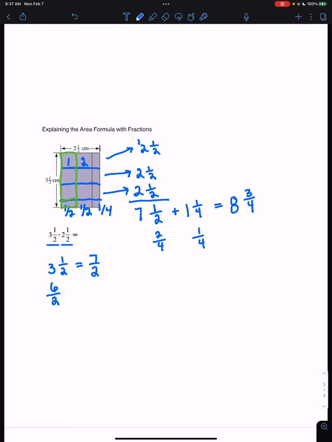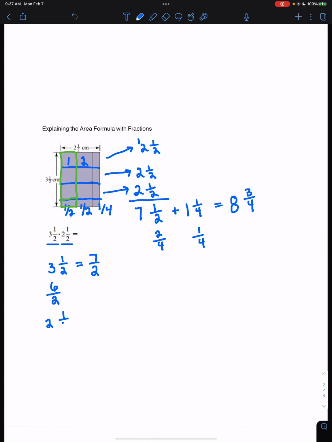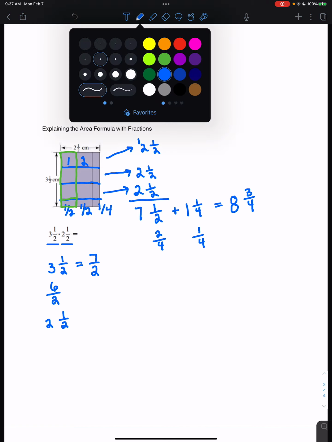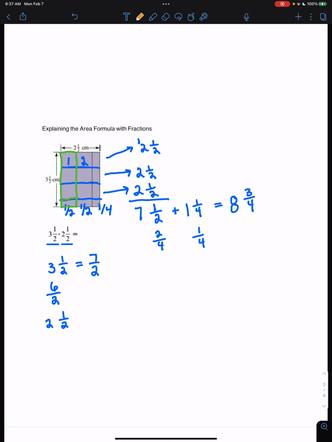And then we're going to do the same thing with 2 and 1/2. So how many halves are in 2? Well, again, we could look at it this way and look at these 2 pieces.